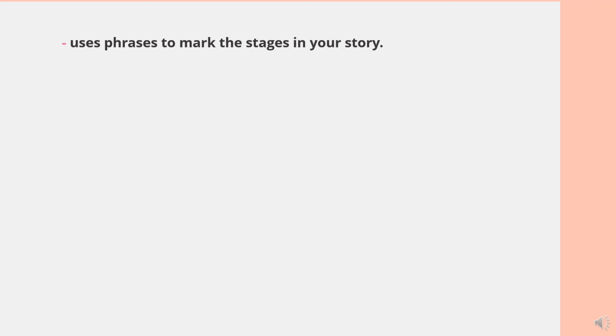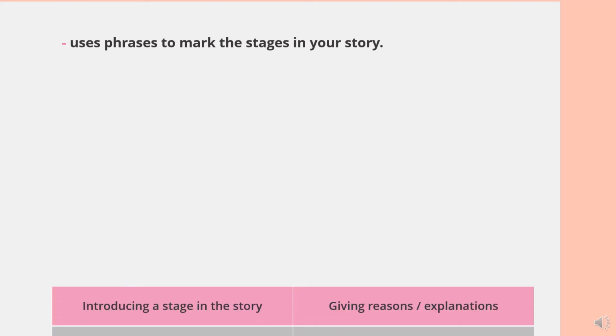And when we listen to other people's stories, it's very important that you mark which happened first and what happened next, right? What happened in the beginning, what happened in the middle of the story, and what happened in the end. And to make it easier for the listener to follow, we have to use marks in stages to mark your story.